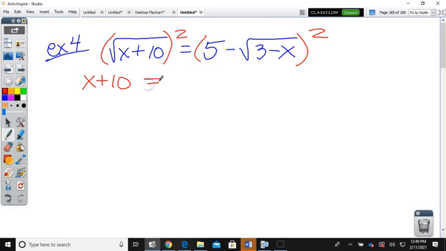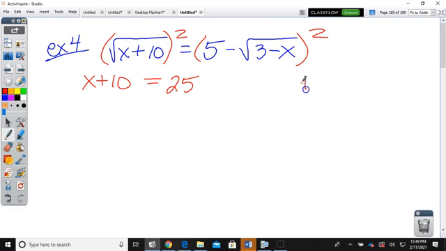Equals the right side. You can write it down twice and FOIL, but the shortcut sure does come in handy here. What's 5 squared? 25. What is negative square root of 3 minus x times negative square root of 3 minus x?